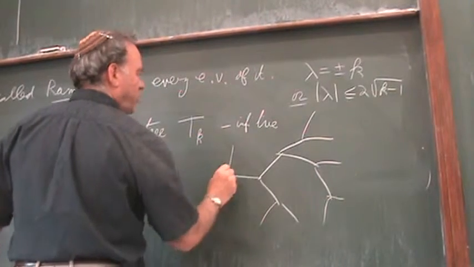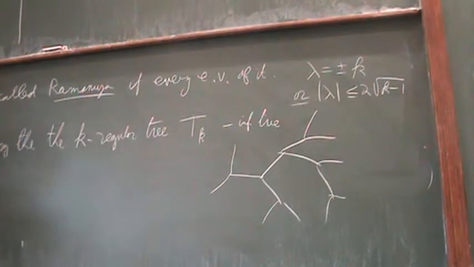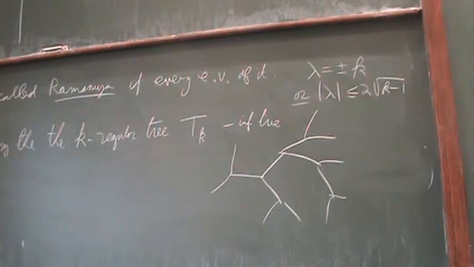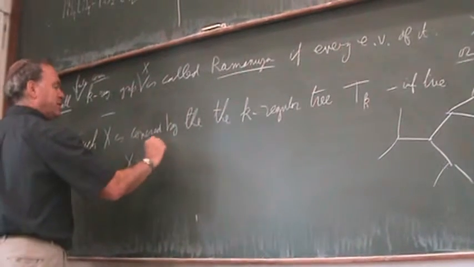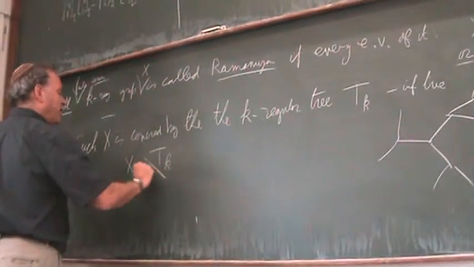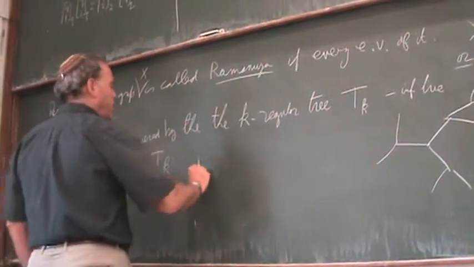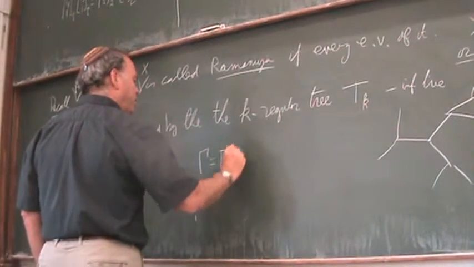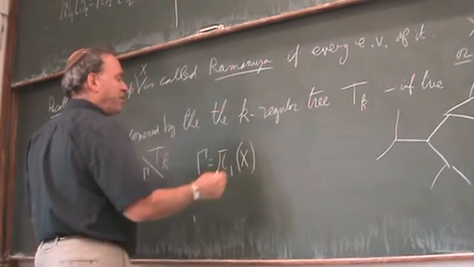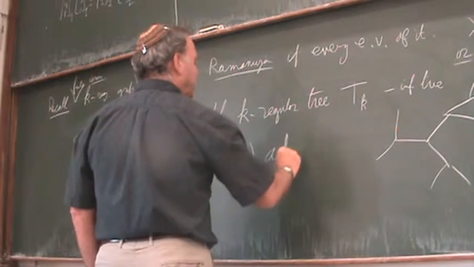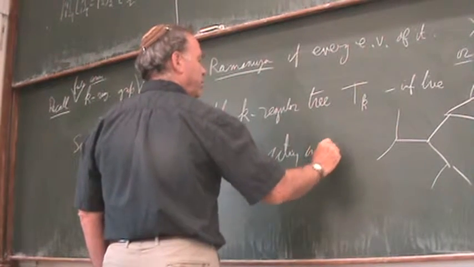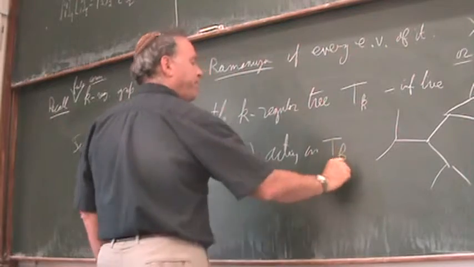And you know, it goes forever. Now, what is the adjacency matrix of the tree? We can write x as T_k divided by gamma, where gamma is pi_1 of x, the fundamental group of x acting on T_k.